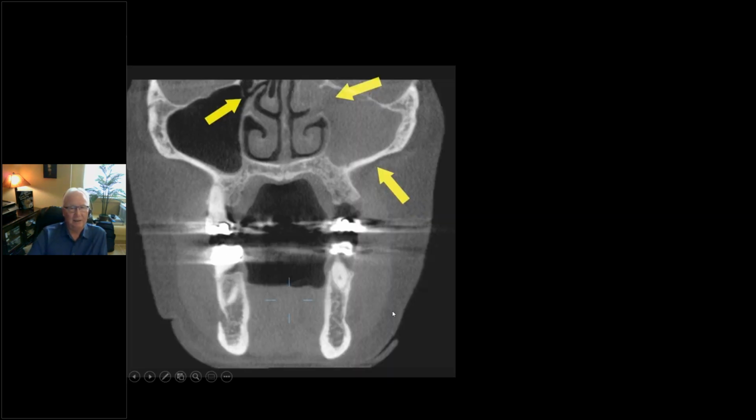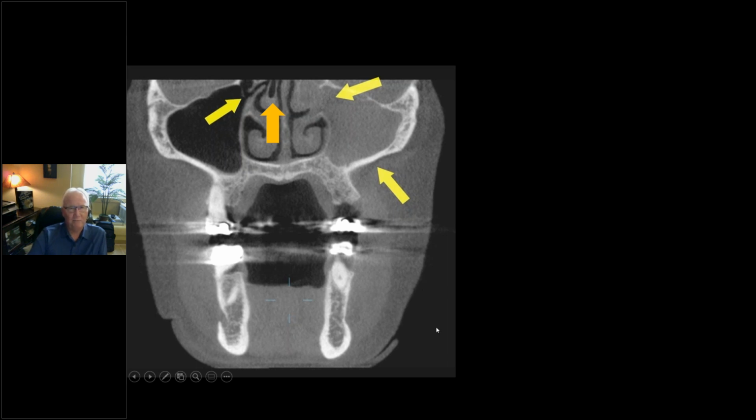There are other considerations. The orange arrows are looking at the middle turbinate, and this is an anomaly called concha bullosa, which just means a pneumatization of that area. The left side middle turbinate had that same anomaly, but the inflammatory change got inside it. This can give you mid-face pain.